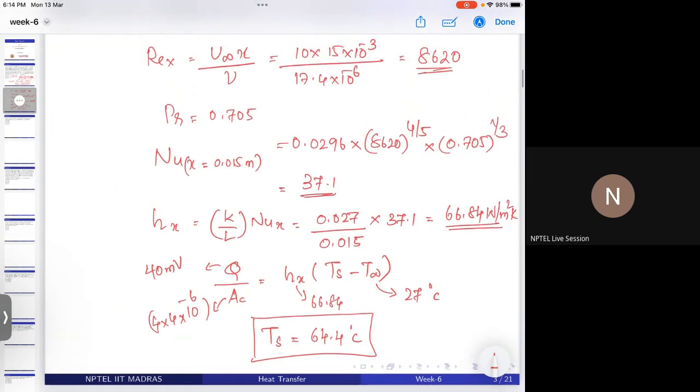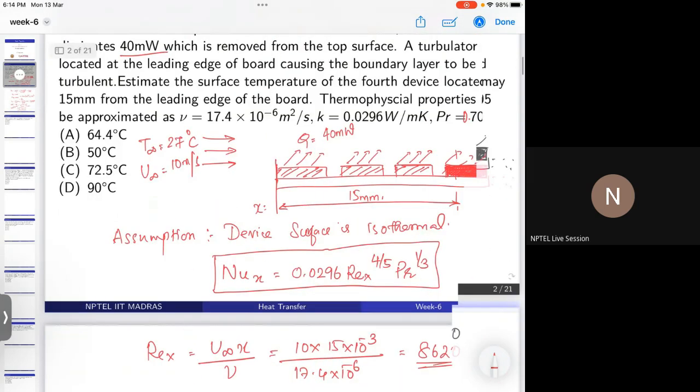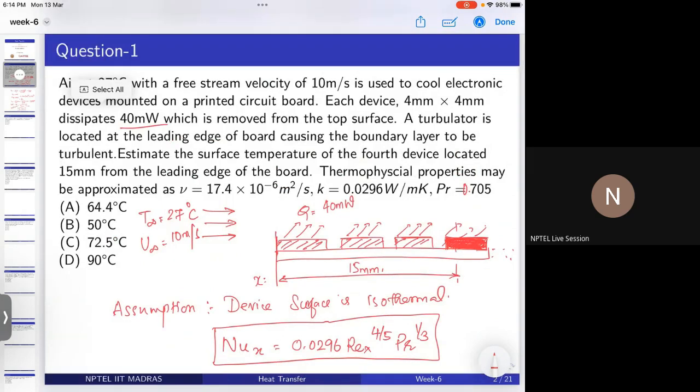So I think this is a question similar to what we have done in the previous week also. The only thing is now it's turbulent. In the previous questions we were only dealing with laminar. Now the entire board is turbulent, as I said in the previous classes also, made turbulent by using a turbulator in the leading edge.